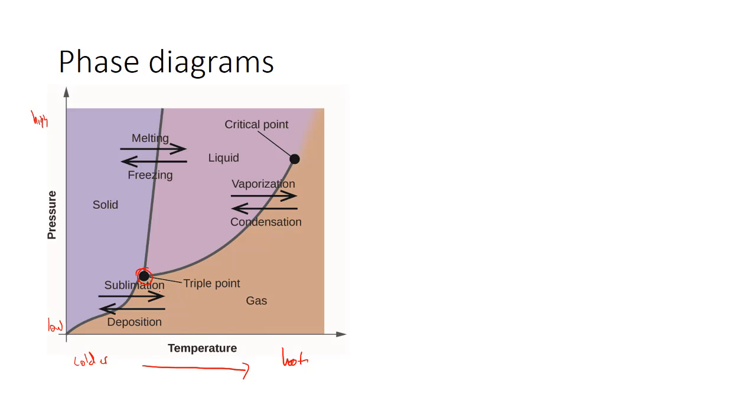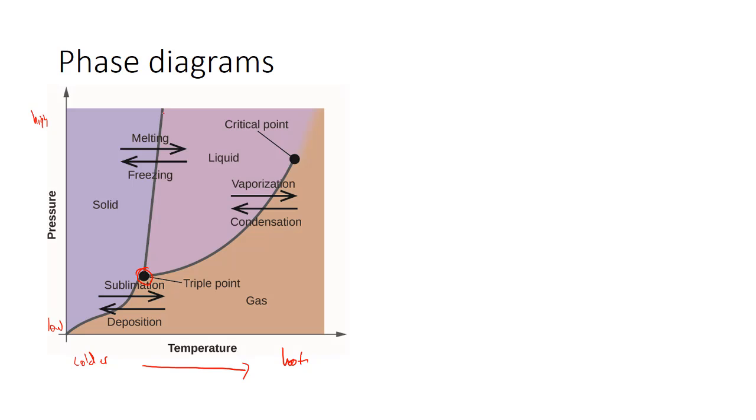Okay, so we know that if water is at 0 degrees Celsius, then it is going to be a liquid or a solid. And if I add energy to it, it could change to a liquid. If I take energy out, it could change to a solid. But it turns out there is a point where we can have all three states of matter at the same time. But then we have to define not only a temperature, but also a pressure. So this triple point depends on temperature and pressure, and it only exists at one temperature and pressure for a given substance.